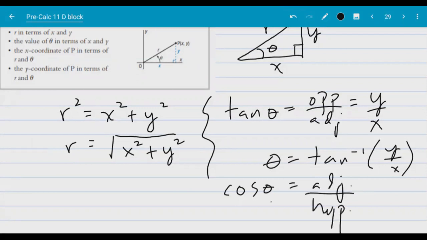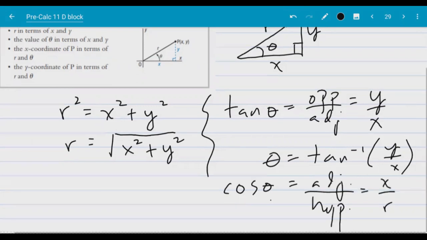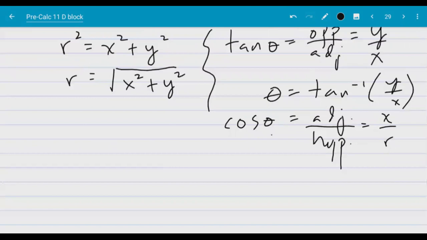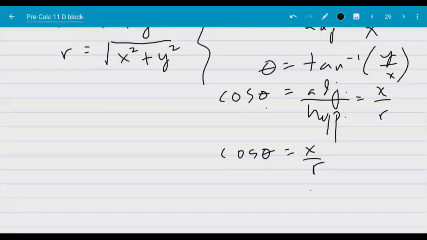So if I'm putting in the values here, it would be x over r. Now, if I want to isolate x, look at this. Cosine theta equals x over r. So multiply both sides by r. Now I have x is equal to r cosine theta.